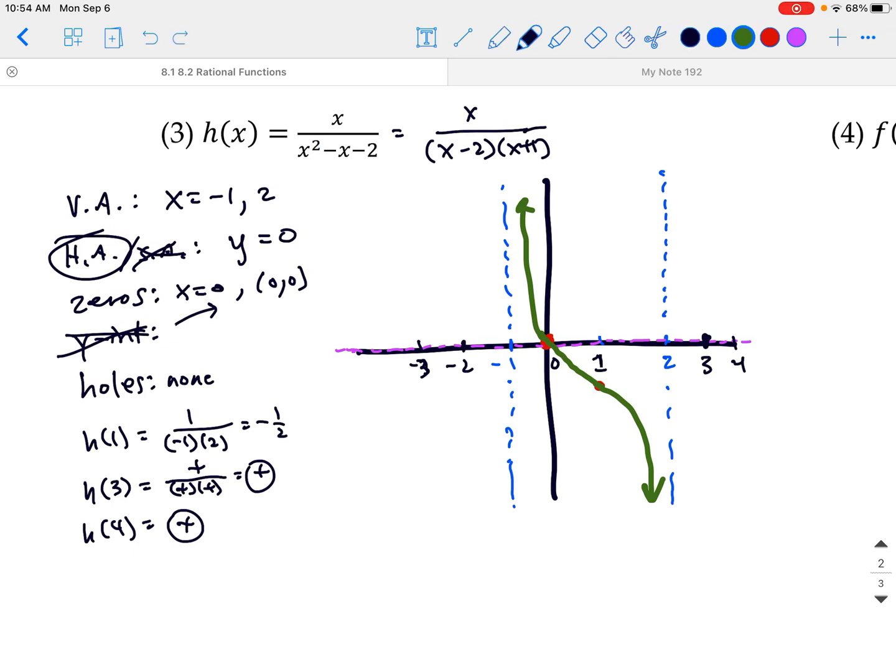So that means we're going to get a branch that is above the axis, something like this, and then following towards 0.